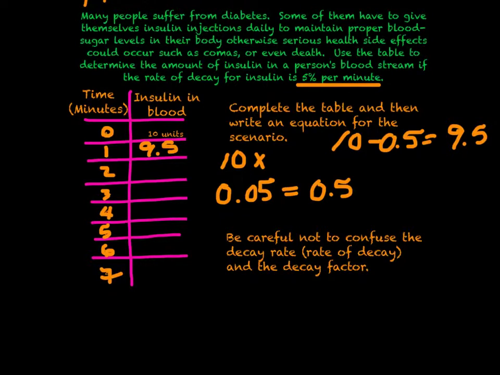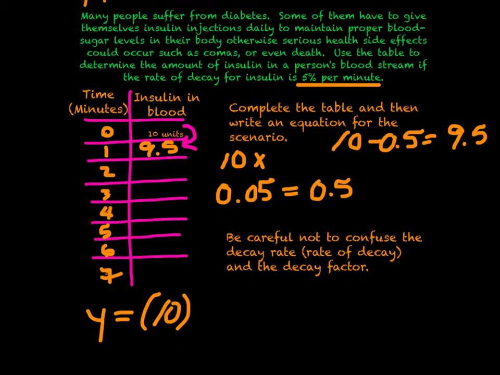Or, I could also think about this in a slightly different way. I could be careful and create an equation for this. First of all, we know what our starting value is, what our y-intercept is. That's 10 units. So that 10 units is in our y equals a times b to the x equation. We need to figure out what our decay factor is.